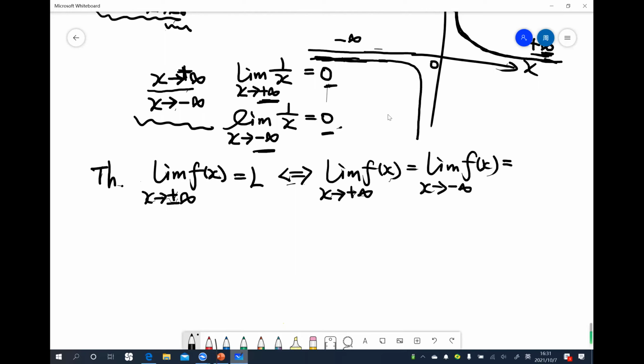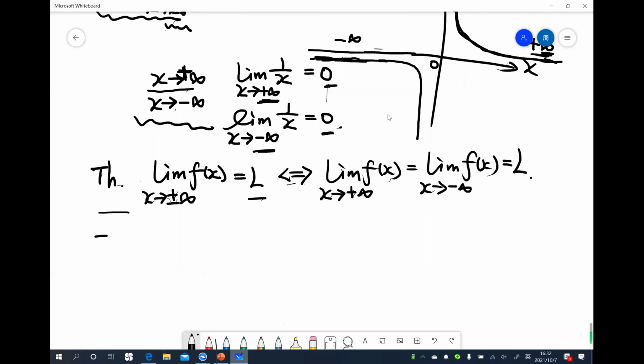The limits should exist and be the same. Then we call the limit of the function existing. The definition here is similar to before, and the way to prove the limit of a function exists is also similar to before.